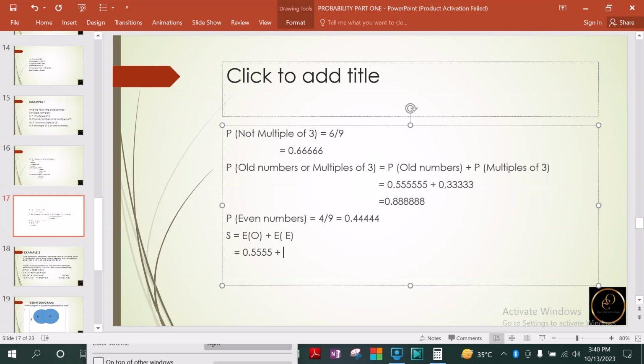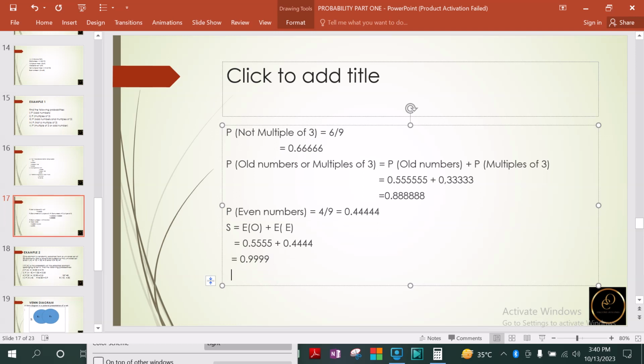It is 0.444. If we add these, you are going to find it is equal to 0.9999. So basically, when you round it up, it will give you 1.